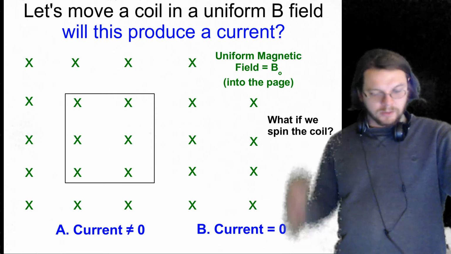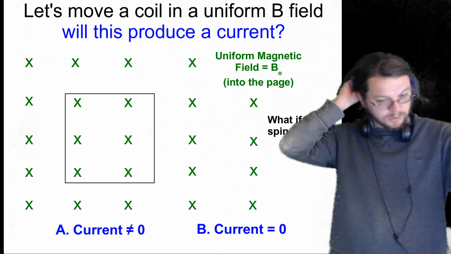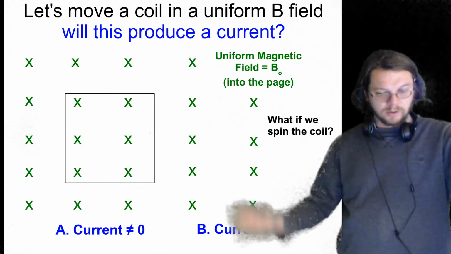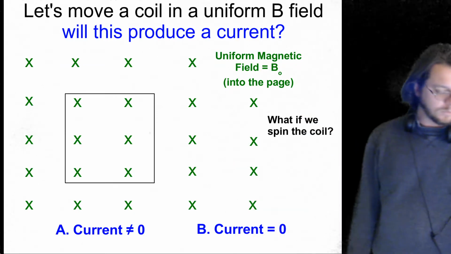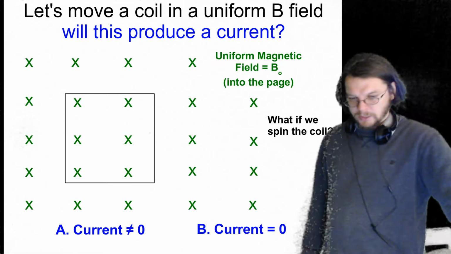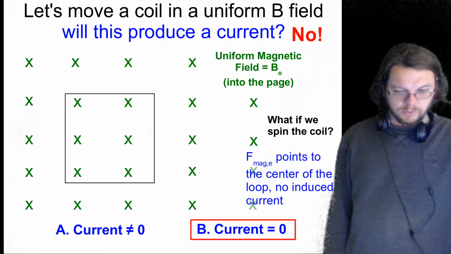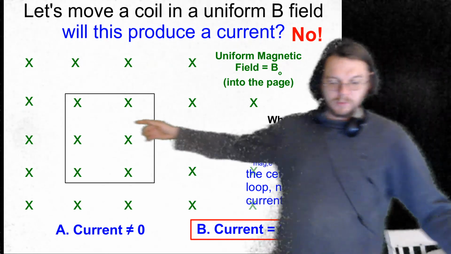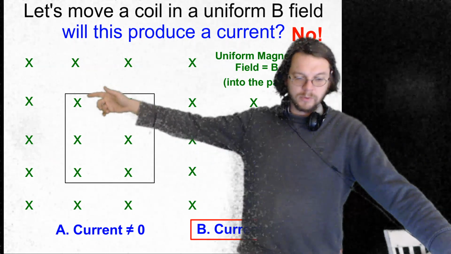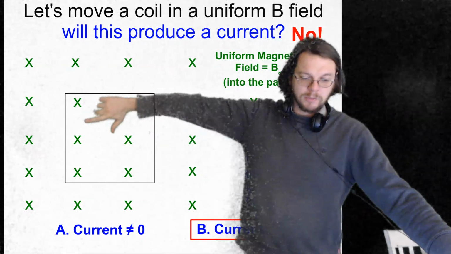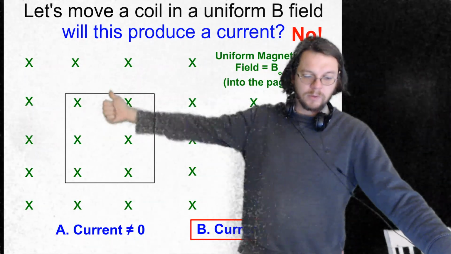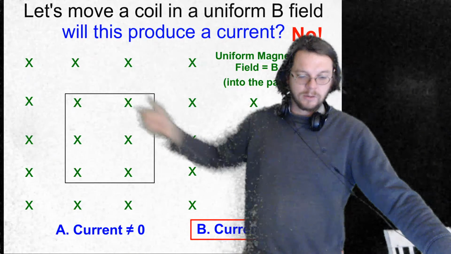All right, here's another scenario. What if we spin the coil like this? Will this create a current? And the answer is actually no as well. The reason it's no is because if you apply the right hand rule, velocity is this way, magnetic field's into the board, so V cross B is this way, QV cross B is out this way.